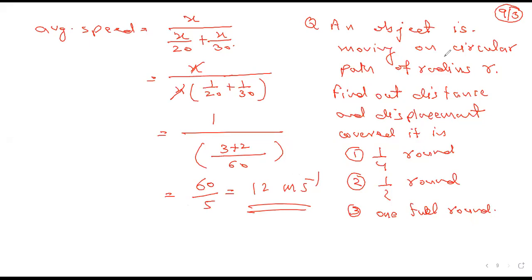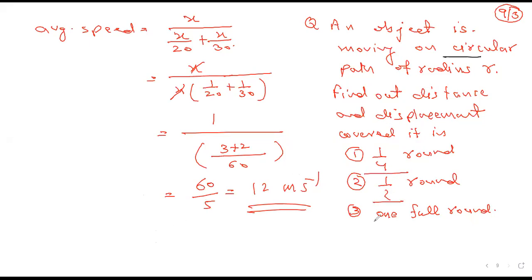Sir, displacement will be 0. In which case? In which case, my dear? Sir, in the third case. In the third case. First you calculate the first one, then the second, then the third.